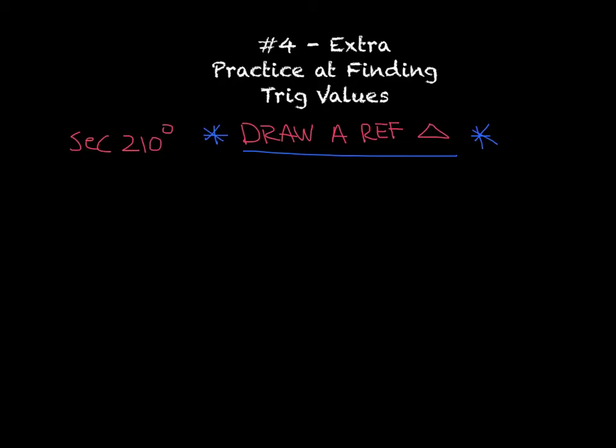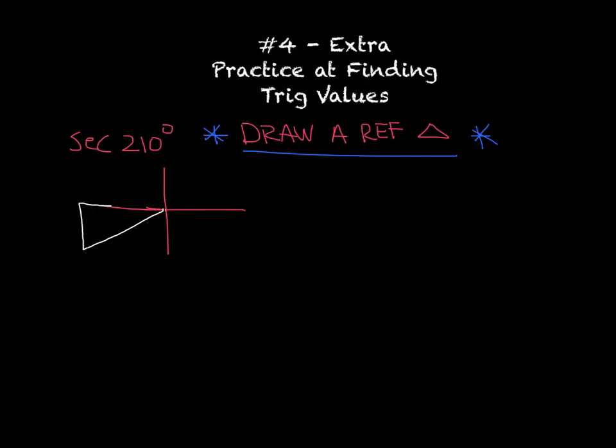210, okay? That is in the third quadrant. So we're going to draw a triangle in the third quadrant. Notice how I drew the triangle from the origin out to the angle. Let me do a little better job at drawing that in. All right, 210 is maybe over there, and I drew it up to the x-axis.